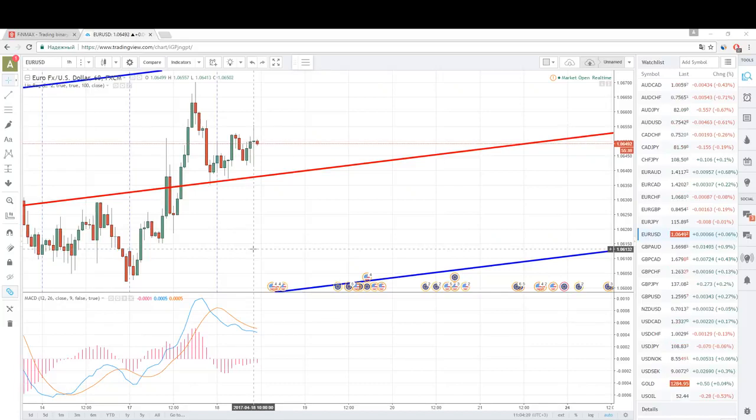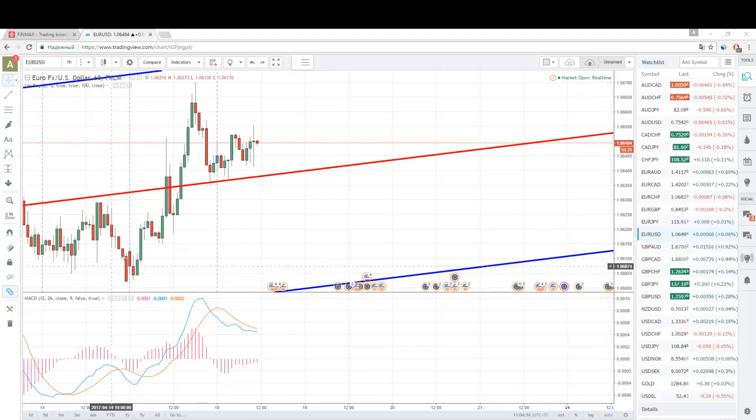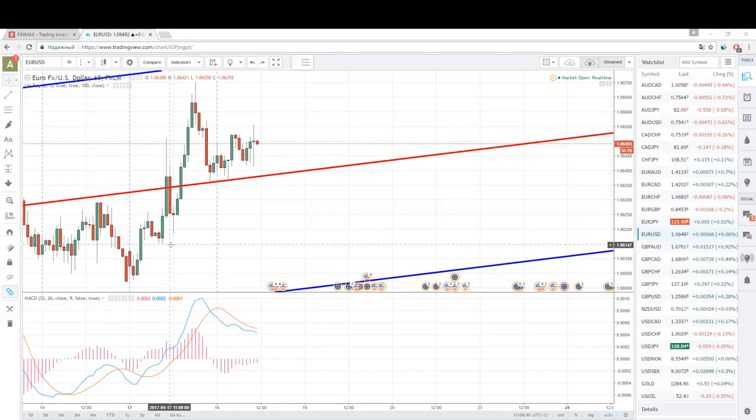I'm also asked pretty often what the instrument is that I'm using there. Well, on the webinars I always tell what I'm using, and besides, you can see here and here the name of the indicator that is currently used.